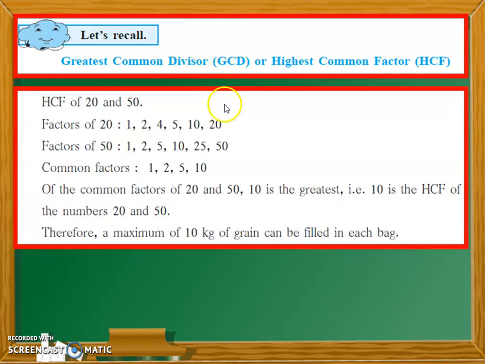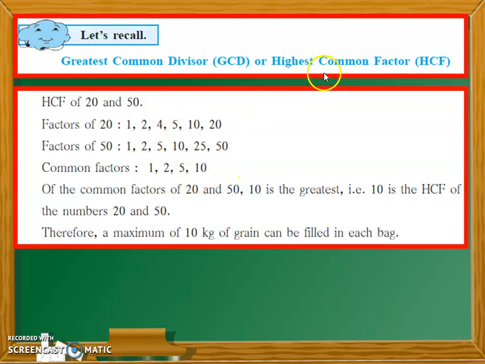In 6th standard, you learned a method where we found the factors by finding the divisors of a number. HCF of 20 and 50. Factors of 20 are 1, 2, 4, 5, 10, 20. Factors of 50 are 1, 2, 5, 10, 25, 50. Common factors among these two are 1, 2, 5 and 10. Now these are the common 4 factors among these two numbers.